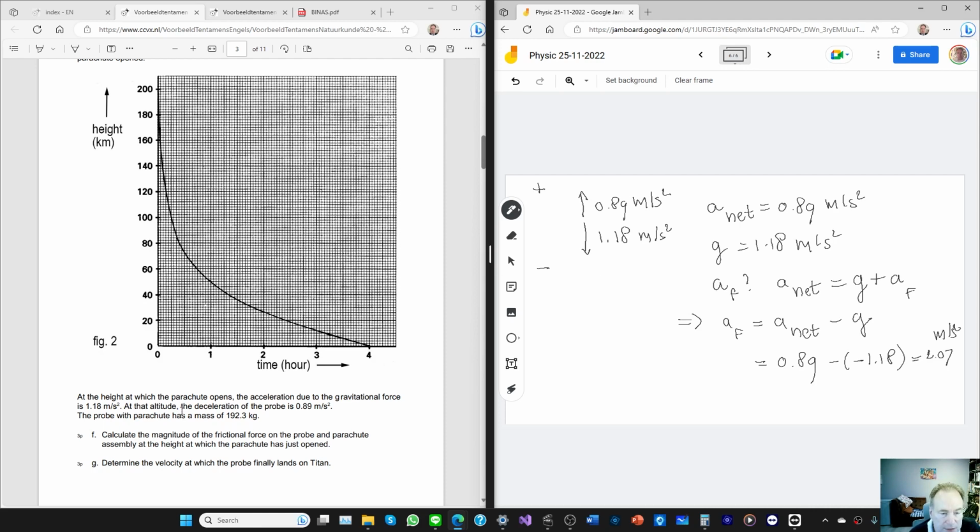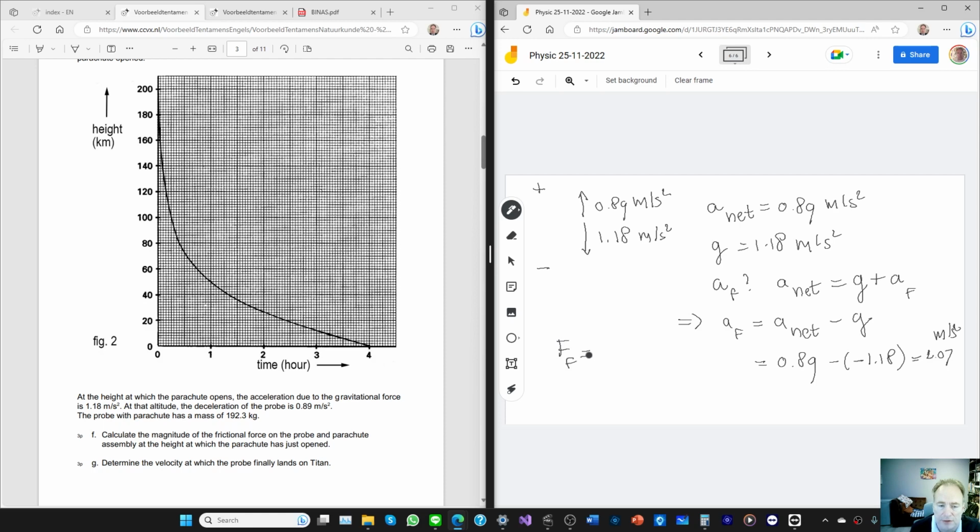But what are they actually asking? What does it mean for the magnitude of frictional force? Well, that means that the force is the mass times acceleration.